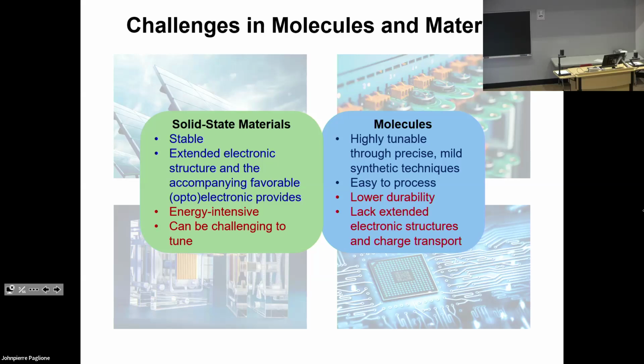They're maybe easier to process in terms of energy, but they often lack the durability that extended solids have, and by definition, being isolated species, don't have extended electronic structures. So as a hybrid materials chemist, I really like the idea of combining some of the strengths from these and trying to avoid the downsides.